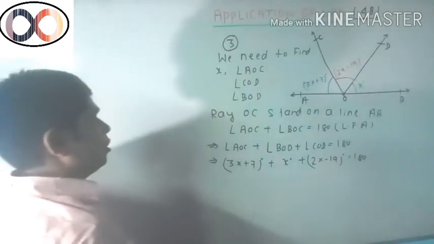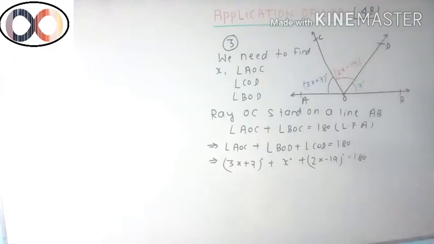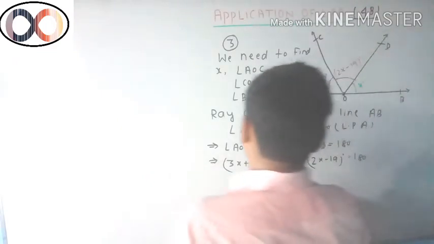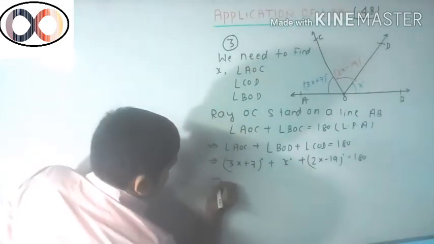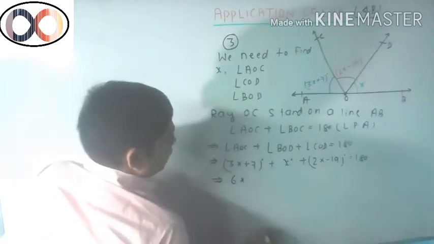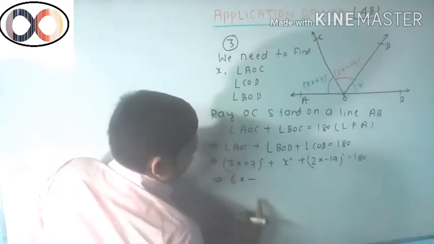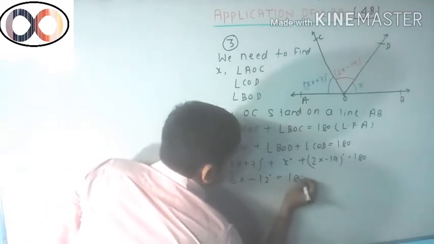So please check what is the sum of these angles. I think we will get here 3x plus x plus 2x, that is 6x, and 7 minus 19, we can write here minus 12 degree equals to 180 degree.